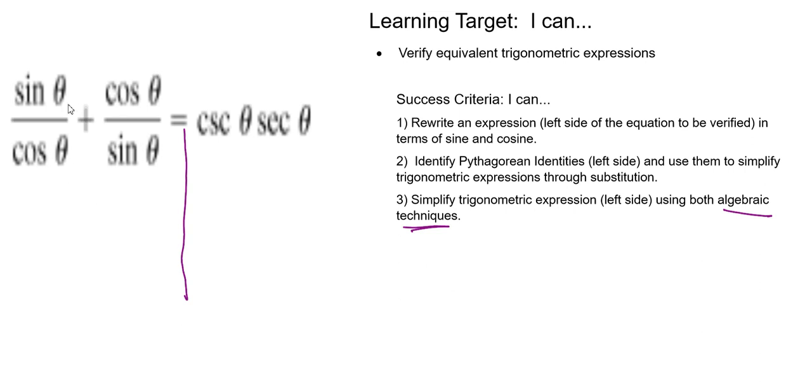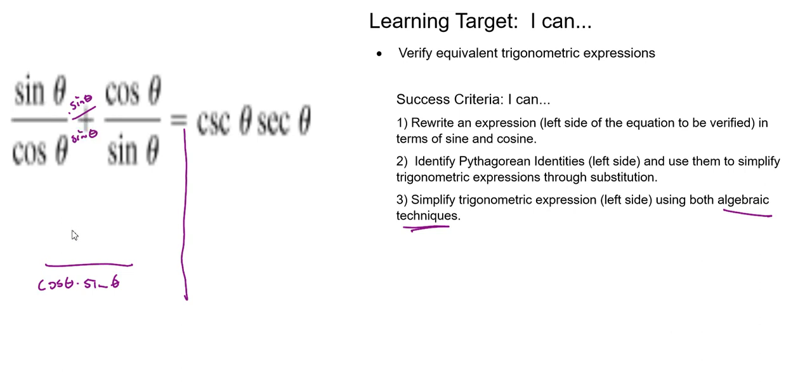One thing we can do is get a common denominator. Using what we know about common denominators, cosine of theta times sine of theta would be my common denominator. To get that, I would have to multiply by sine of theta over sine of theta.